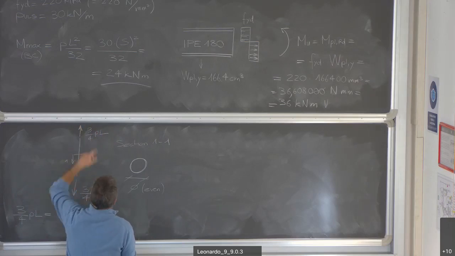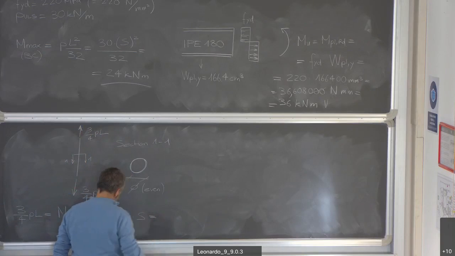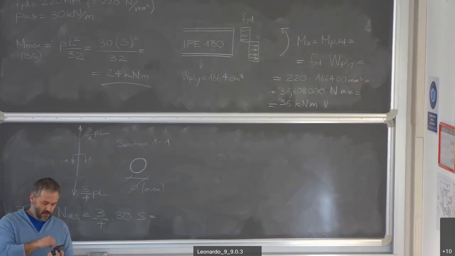We have it over there, 30 times 5. How much is that? It's 150 divided by 4. I'm getting bored doing the calculation like this. 3/4 times 30 times 5.